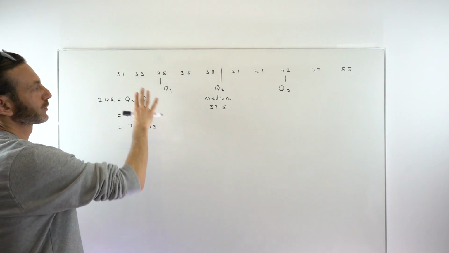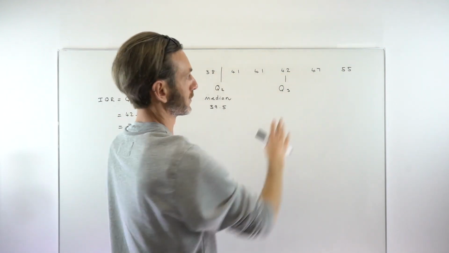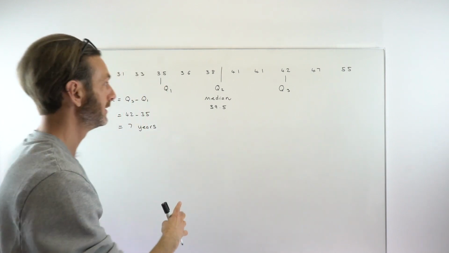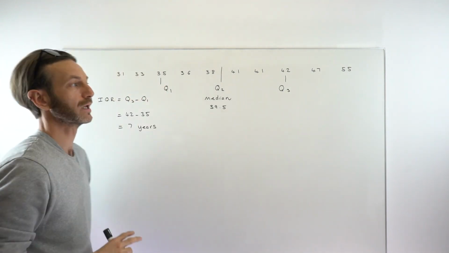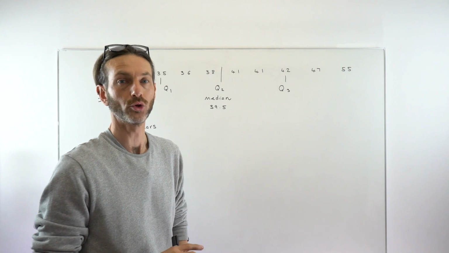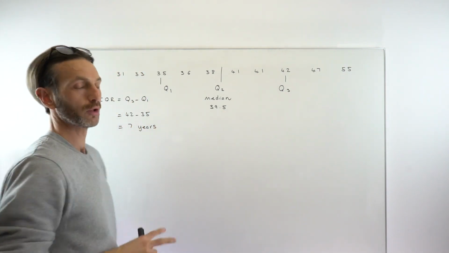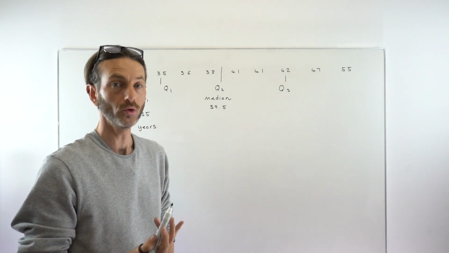The context of this question is that these numbers represent the ages of readers of a magazine, and that answers part A. In part B, you've got a typical comparison question, and we're comparing these values to similar measurements for readers of a newspaper.